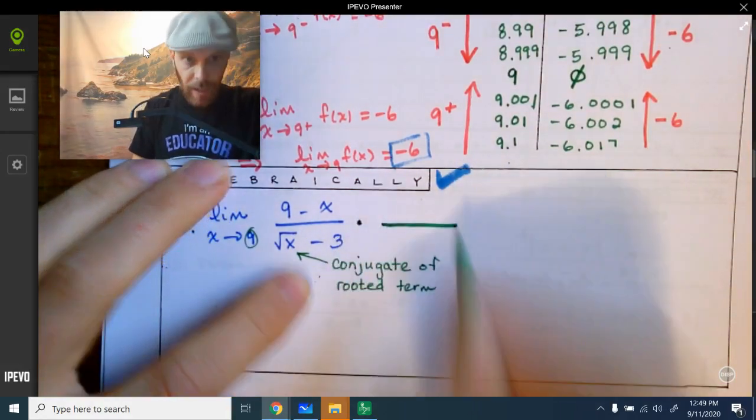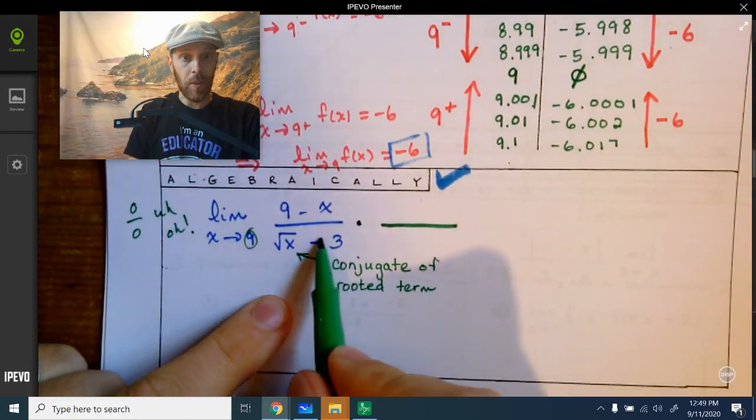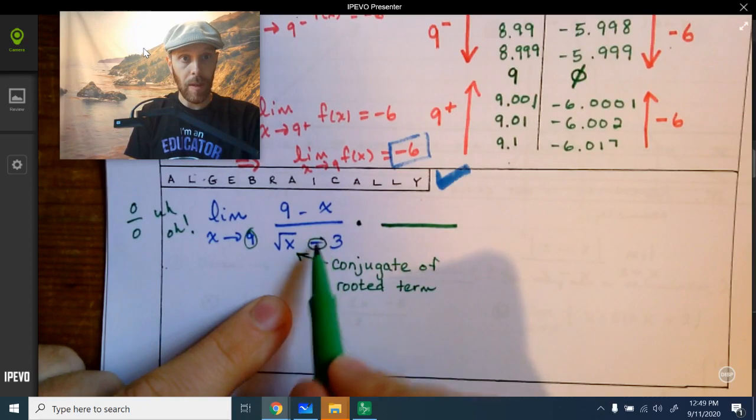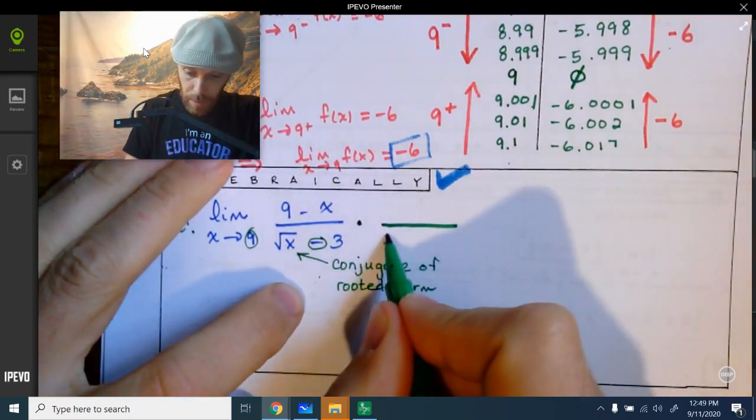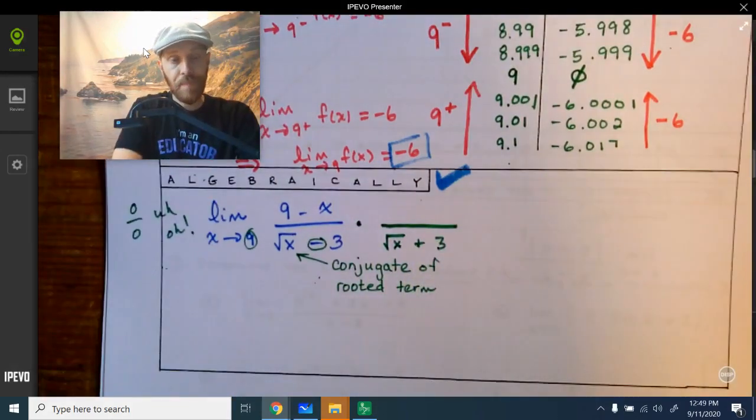And the conjugate is the same binomial, but with a different sign in the middle. So since we see a minus right here, we're going to multiply by roots of x plus 3.